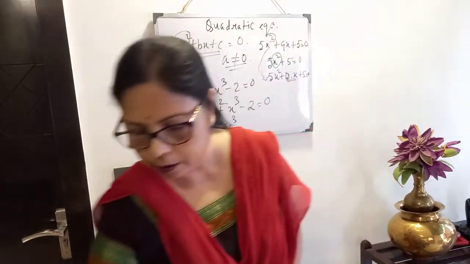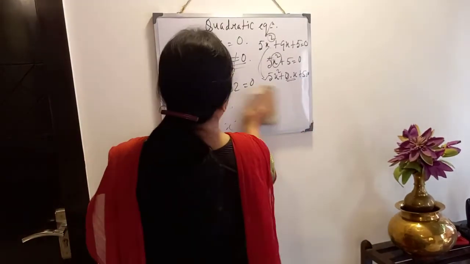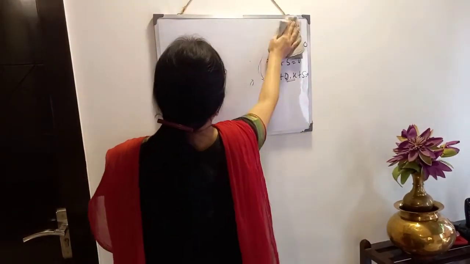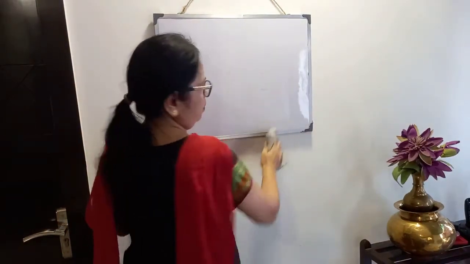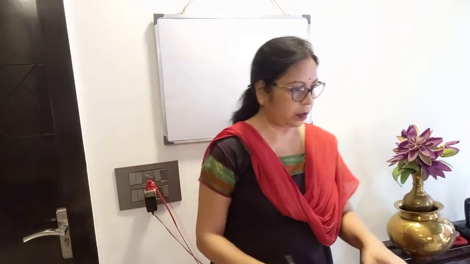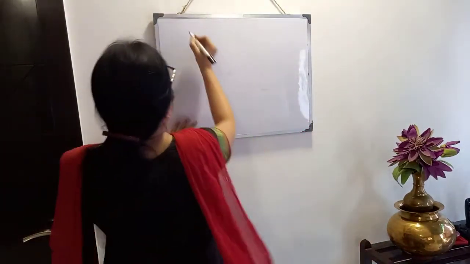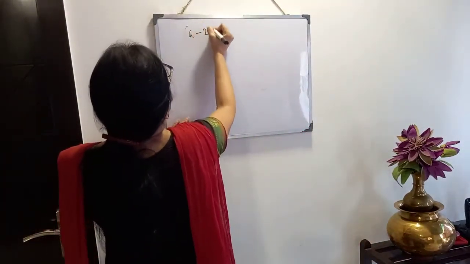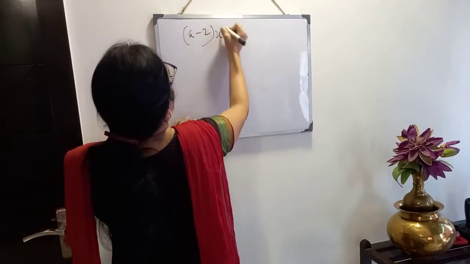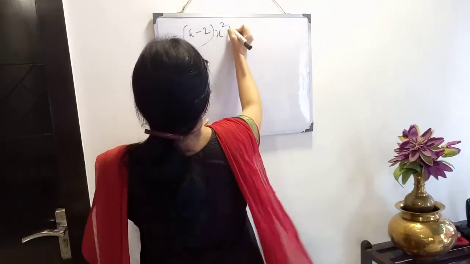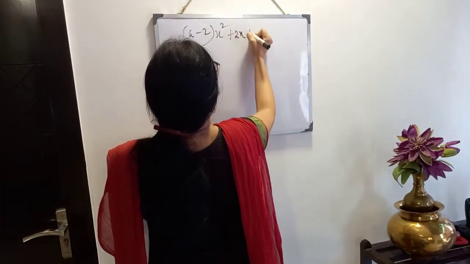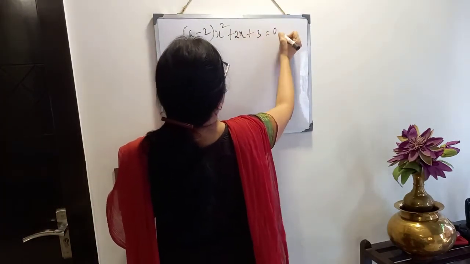Clear? Now next type, you see, I am writing this one: a minus 2 times x square plus 2x plus 3 equals 0.